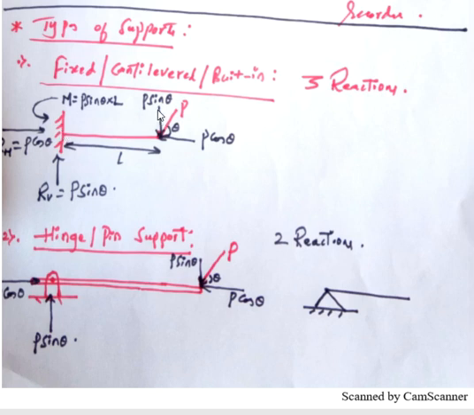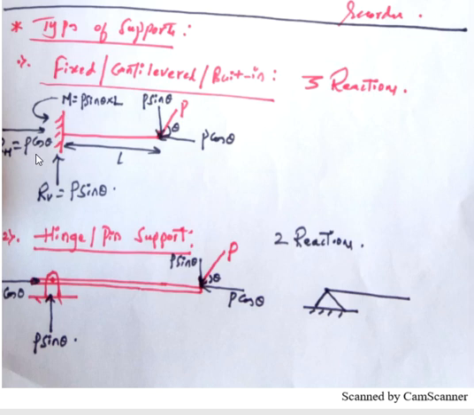So this force is also going to try to create a clockwise moment, and that moment is given as P sin theta into the perpendicular distance L. Since it is trying to create a clockwise moment, there will be an equal and opposite moment at this support, in the anti-clockwise direction, given by P sin theta force into perpendicular distance L. So from now onwards, a cantilever beam will have three reactions.